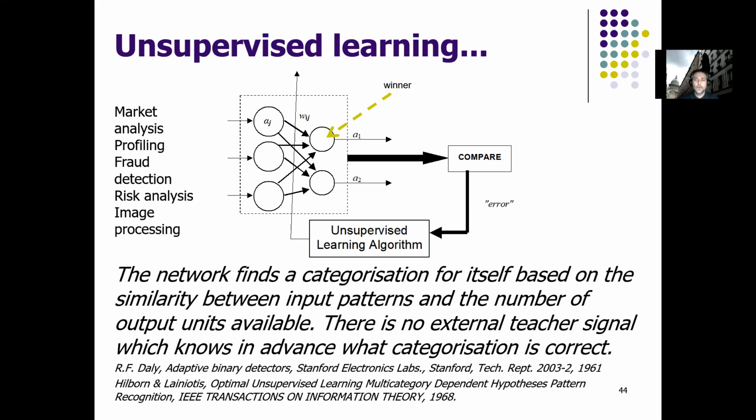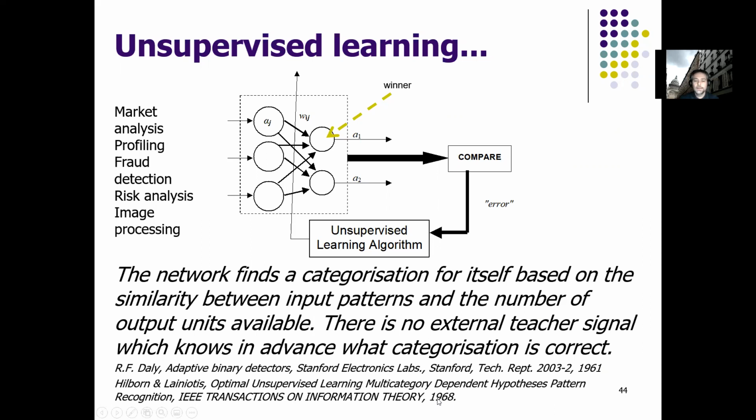And there are, of course, different ways to calculate a similarity. The algorithms calculate similarity between data points presented at the input of the network and values of the weights. That's a very simple way to do it. The first ideas about unsupervised learning appeared in this paper by Daly, Adaptive Binary Detectors, a technical report at Stanford University in 1961.